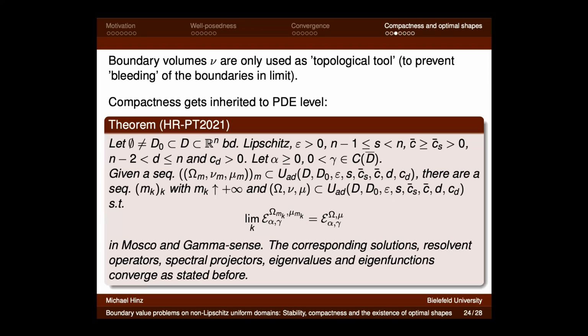I think this is excluded by using this DO inside. So we cannot completely collapse to a point. This is prevented.